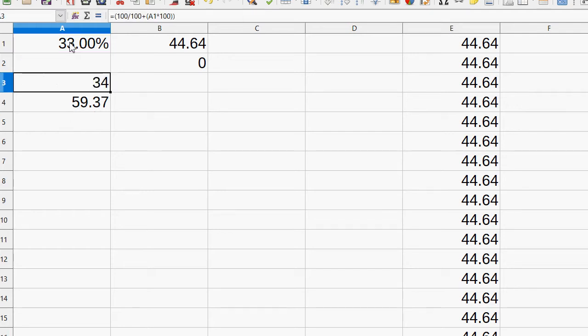So that would equal, let's just look at this again, equals 100 divided by, and I think I need to put all of this like this.